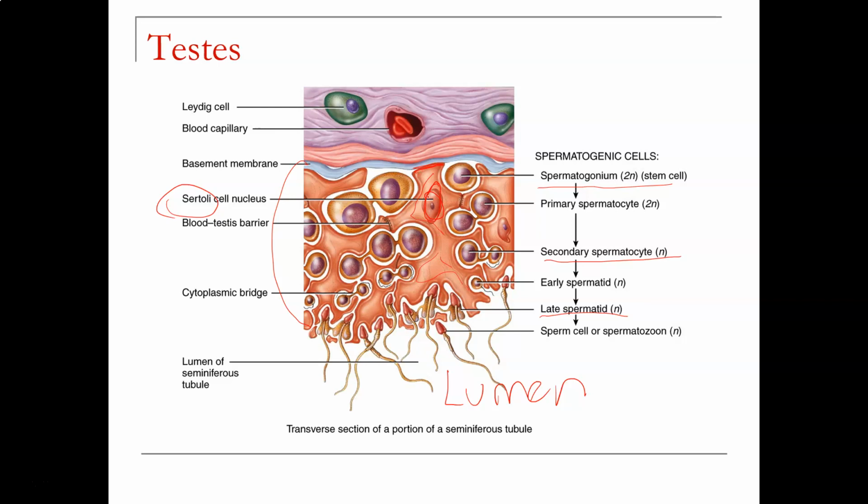So we only see a few Sertoli cells in this picture. As they extend again all the way from the periphery to the lumen, so they're quite large, and you see these white spaces around the developing sperm. Those would be the space in between the developing sperm and the Sertoli or sustentacular cells.